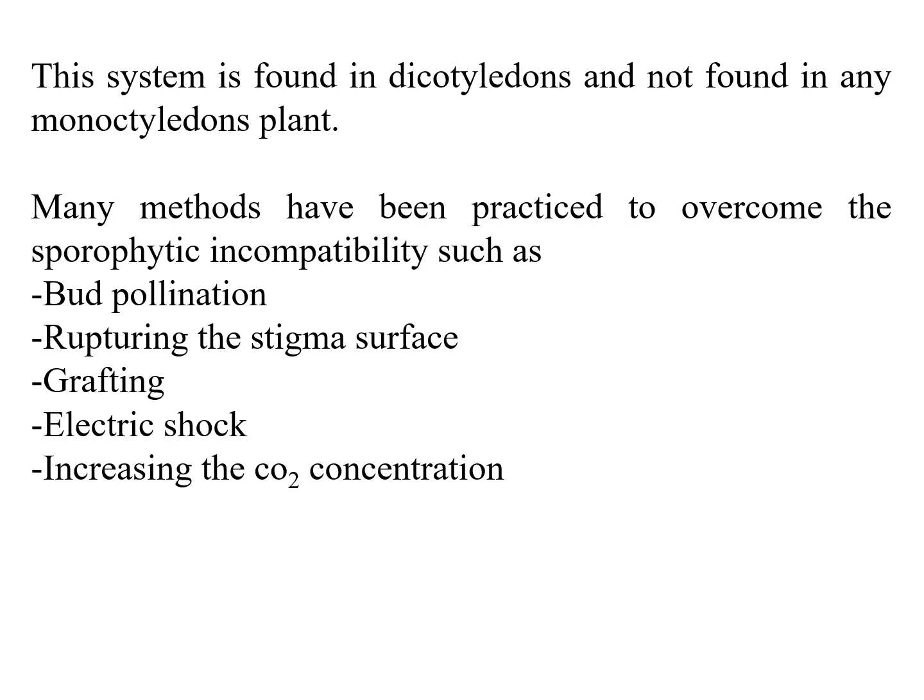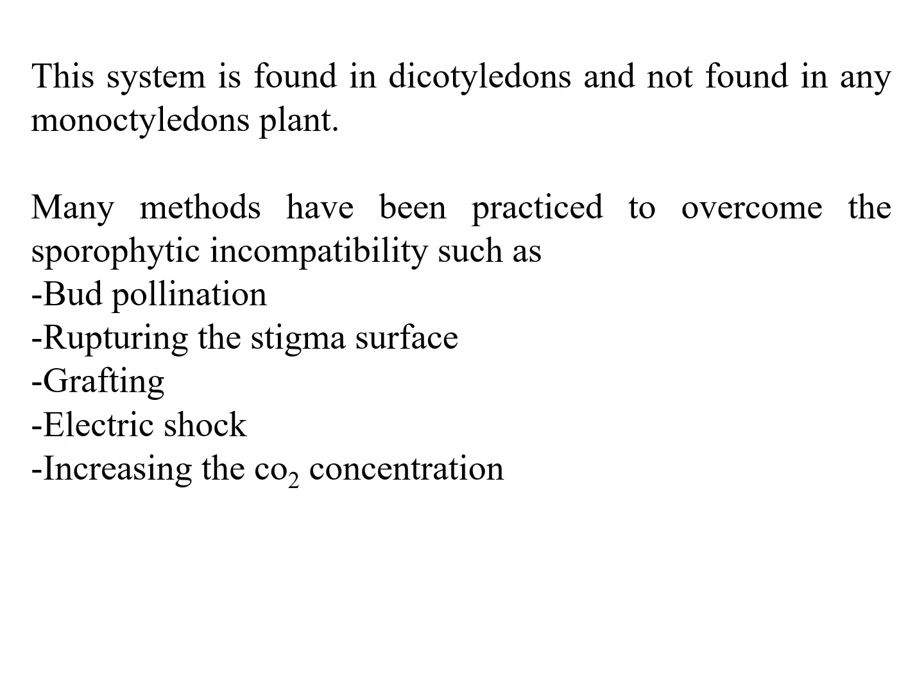Even though we have this type of incompatibility that prevents the growth of the pollen in the stigma or in the style, there are many practices that breeders use to overcome the incompatibility, especially sporophytic incompatibility, because we said sporophytic incompatibility is found on the stigma surface.